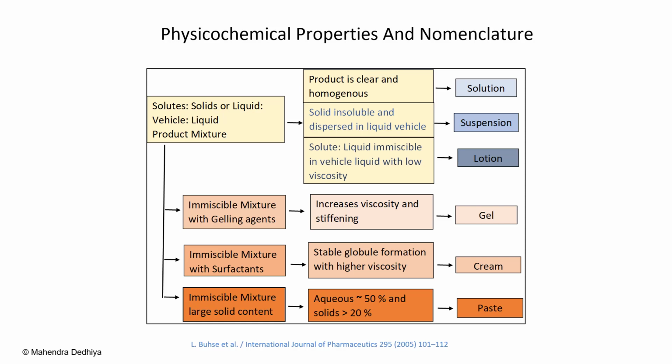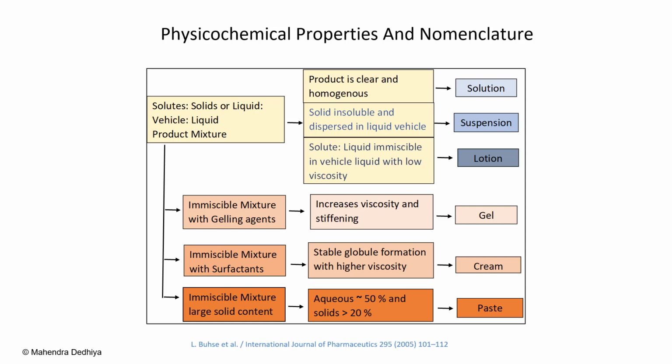Boucher and his co-workers provided a clear understanding of physicochemical properties and its relationship to nomenclature. This provides additional information on how the name or classification is used.